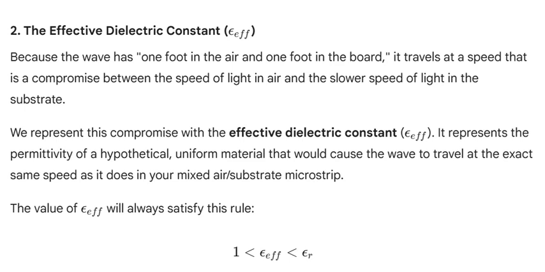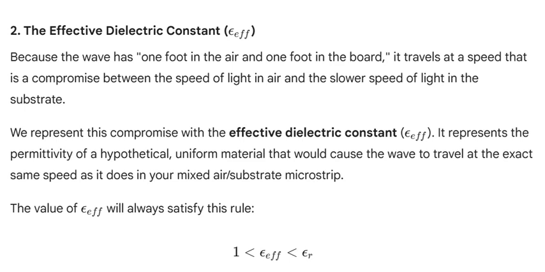2. The effective dielectric constant, epsilon effective. Because the wave has one foot in the air and one foot in the board, it travels at a speed that is a compromise between the speed of light in air and the slower speed of light in the substrate. We represent this compromise with the effective dielectric constant, epsilon effective.